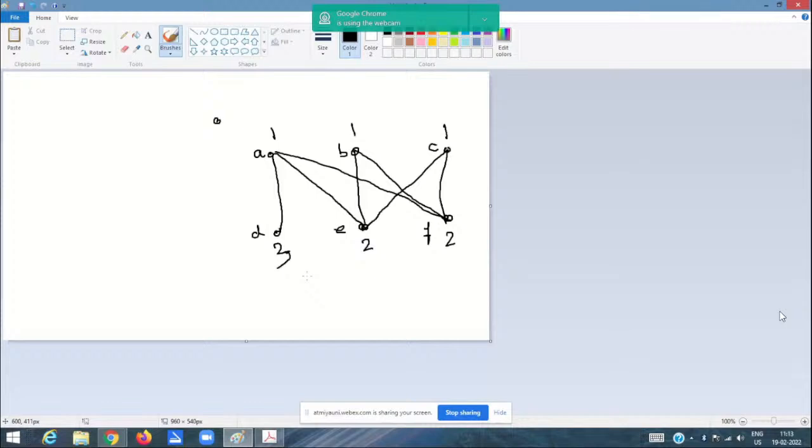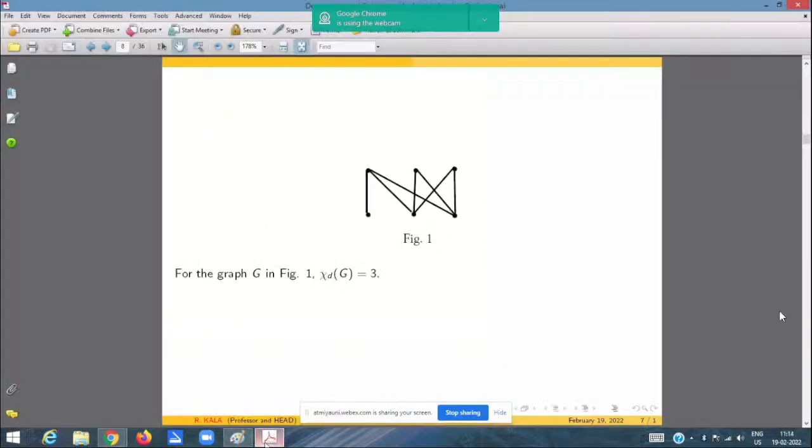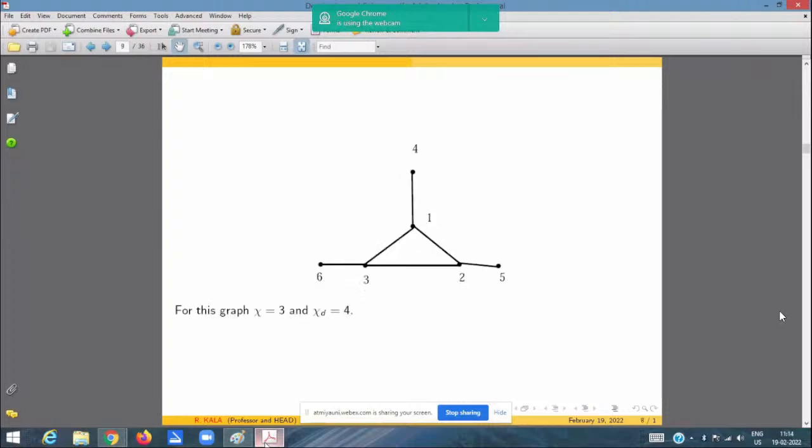Coming to 3, it is adjacent to itself, because 3 is a single color class. So the singleton 3 is the color class, so that will take care of the dominator property. So for this, chi D is 3. This is how you find out chi D. So the chromatic number for the graph is 2, whereas the dominator chromatic number is 3.